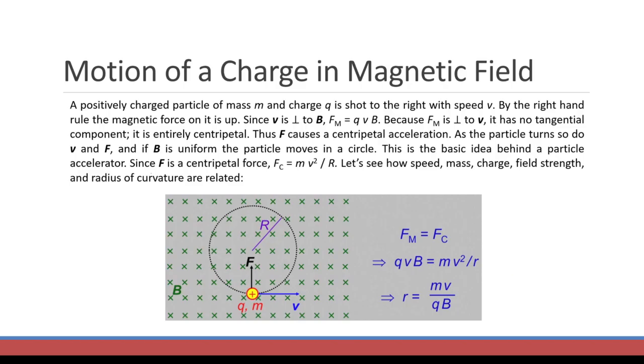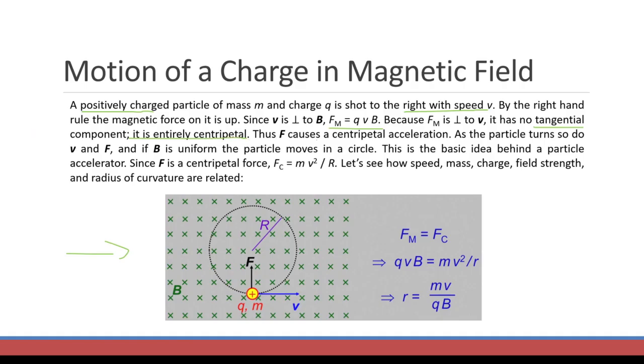So this idea has another application. A positively charged particle of mass m and charge q is shot to the right with speed v. By the right hand rule, the magnetic force on it is up. Since v is perpendicular to B, Fm simply equals qvB. Because Fm is perpendicular to v, it has no tangential component, and so it is entirely centripetal.